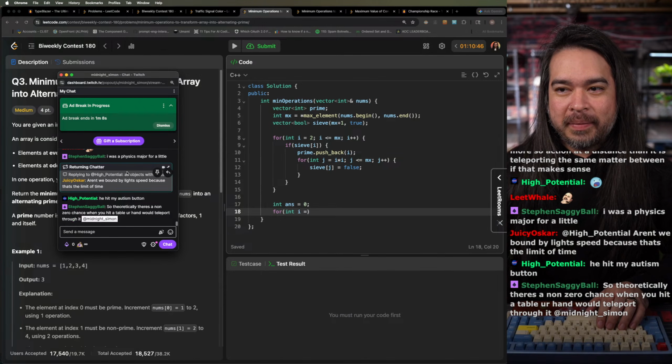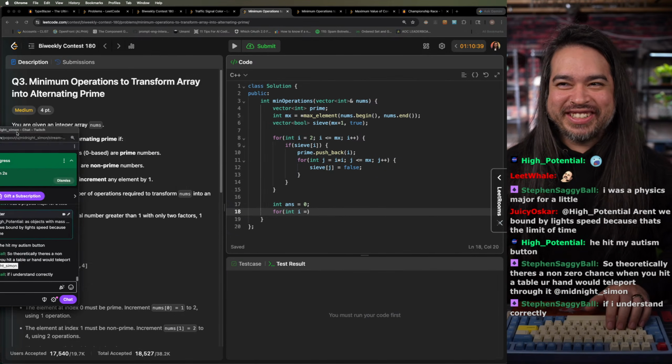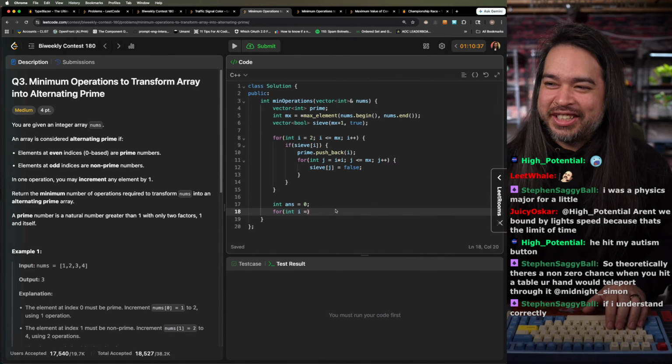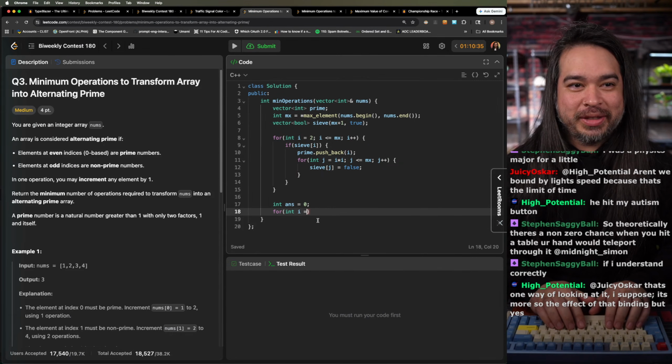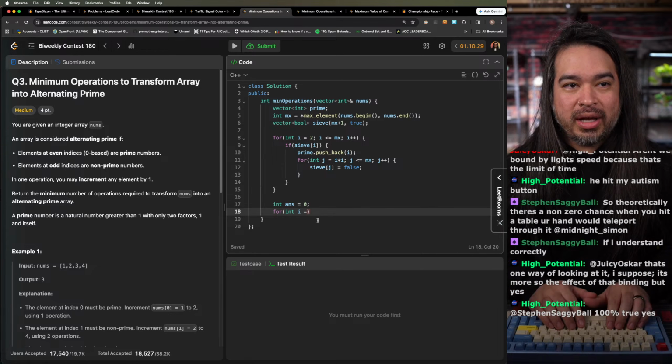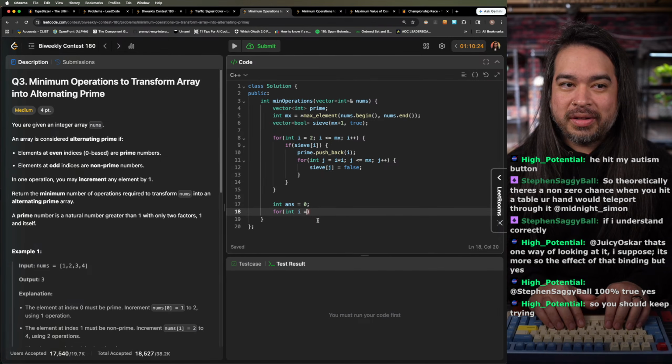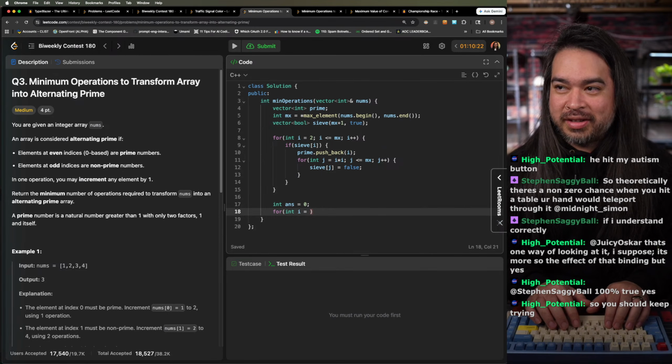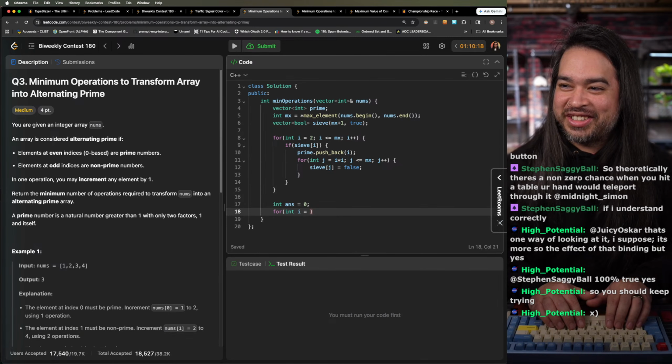I might have a minor in physics, but I don't remember. Anyways. Theoretically, there's a non-zero chance when you hit a table, your hand would teleport through it. Well, I don't know. I guess there's a non-zero chance.